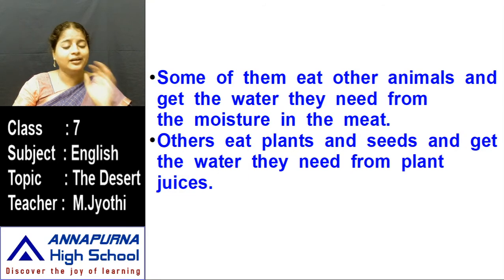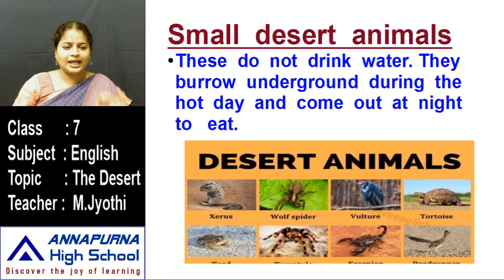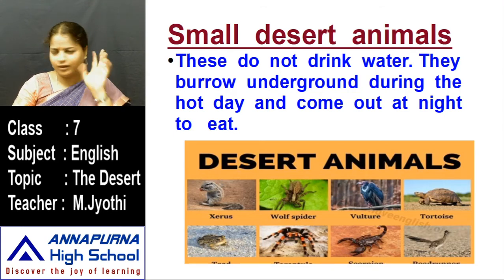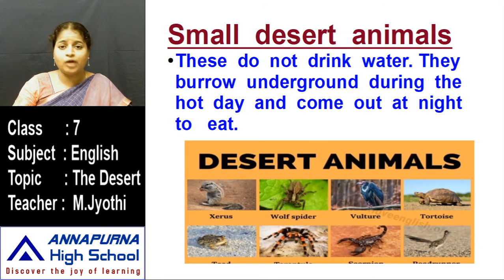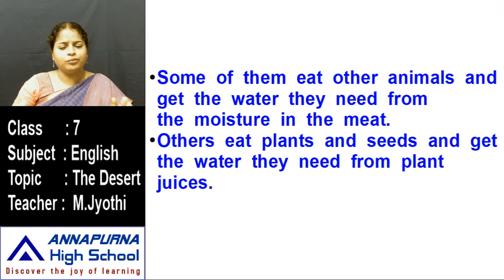Do you understand this, children? All these are small desert animals. They live underground during the morning because it is very hot, so they don't come out. At night they come out to eat, and they eat other animals for water, and eat plants and seeds and get juices from the plants also.